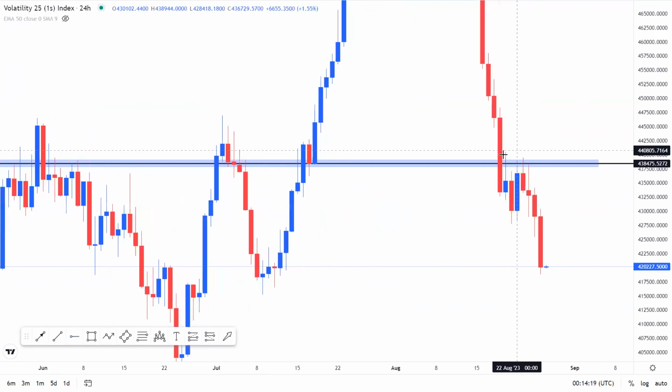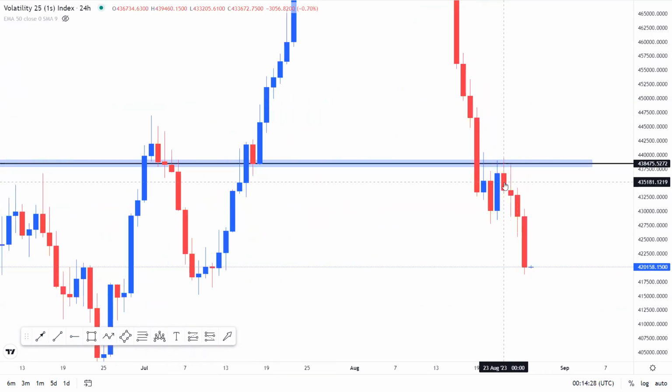I did not manage to get a sell trade opportunity at the retest of this level. But then what I noticed was the fact that after breaking this level, we had a kind of sideways movement for a little over 3 days, 1, 2, 3, 4, yeah, for 4 days.